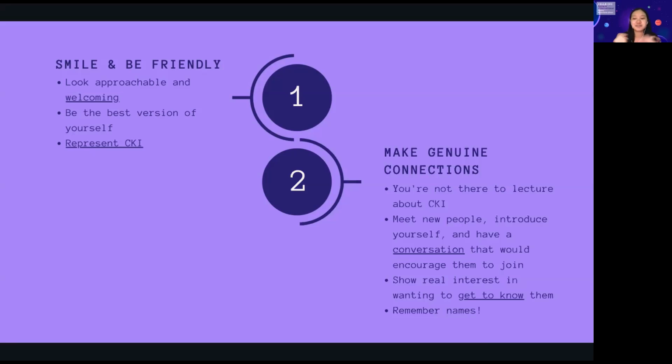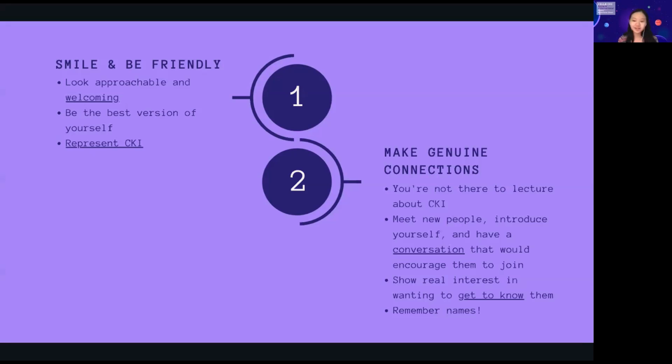And part of making genuine connections is to show a real interest in wanting to get to know the other person. Because keep in mind that these people are potential Circle K members. And so just like in our club, we want to make friends in our club. We want to connect with everyone. And these people are no different because we view them as people who are interested in joining our family.